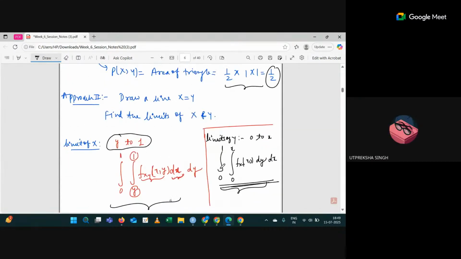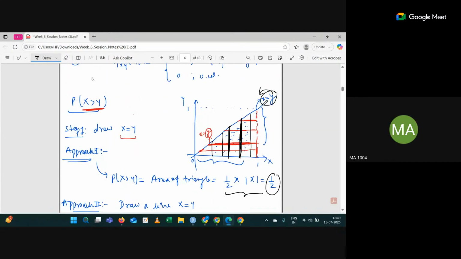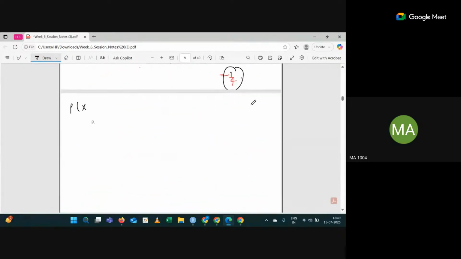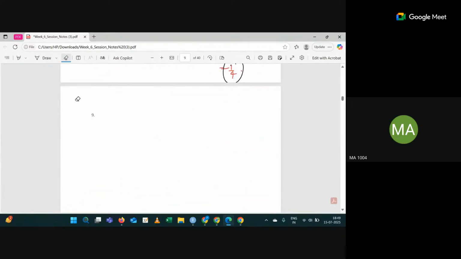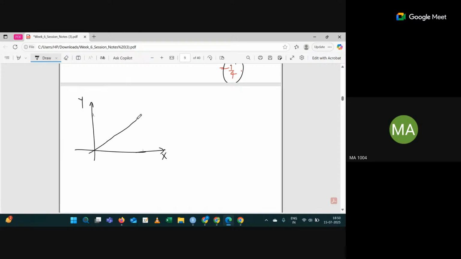See, in this case we draw both lines. That's what I told you. Just think a bit, and put some effort from your end. See, this is x, this is y, and this is 1. Y was taking a maximum value of 1, and x's maximum value is 1, and this was the line x equal to y.